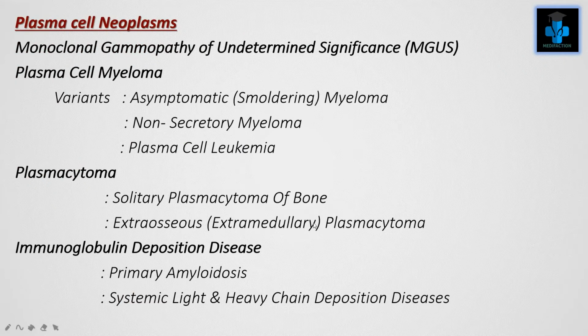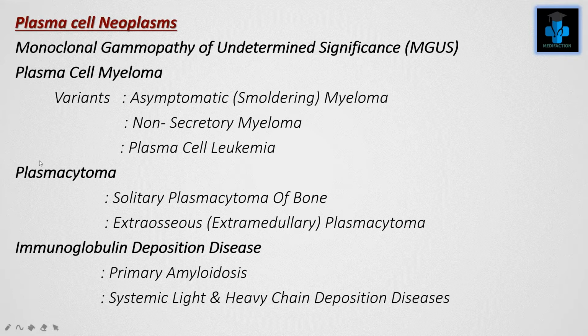Plasma cell neoplasms, classification. These are based on the monoclonal gammopathy of undetermined significance, also known as MGUS. So here are the classifications, which are plasma cell myeloma, which comprises certain variants such as asymptomatic myeloma, non-secretory myeloma, plasma cell leukemia.